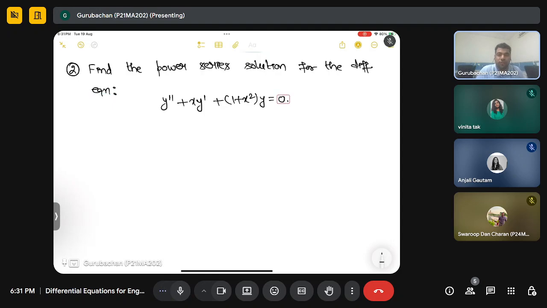So this is our given differential equation. Clearly, let me first give you a hint, then you may try on your own. Then we will discuss it.